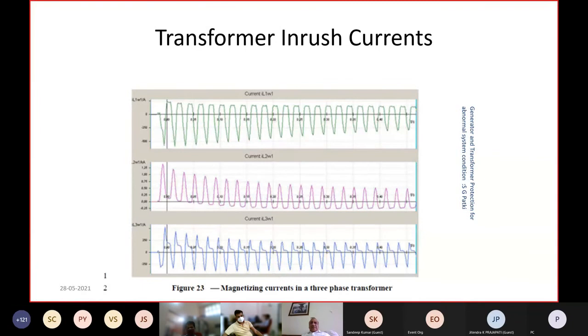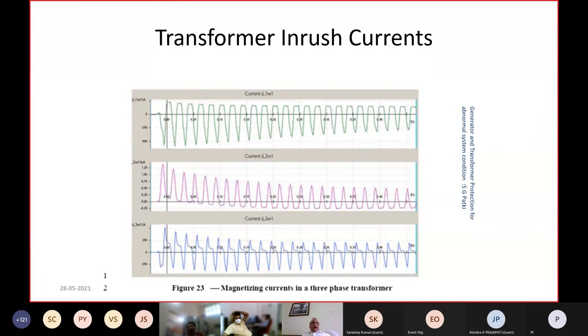Now these phenomena basically cause uncertainty in the quantum of second harmonic, the peak magnitude of the current, as well as the duration for which the inrush lasts, and sometimes result in unnecessary operation, because the older relays, static relays, differential relays, etc., were all working on the principle of average second harmonic content.